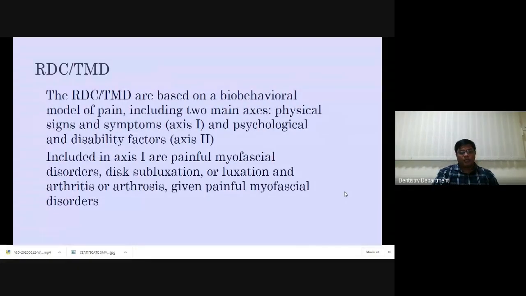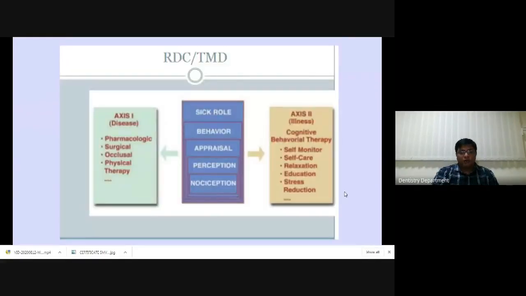So what they did, they divided this TMD criteria into 2 axes. One is axis 1 and another is axis 2. Axis 1 is physical pain and symptoms, that is, myofascial disorder, disc subluxation or arthritis or arthrosis, etc. Axis 2 is totally psychological and behavioral profiles. So what they are advising is you have to treat the patient based on both the axes.